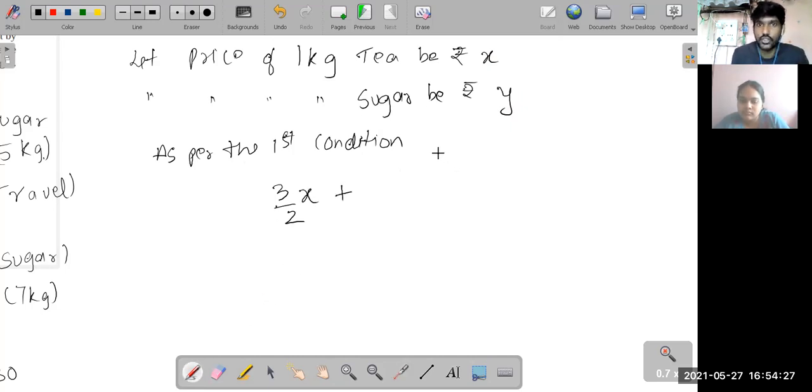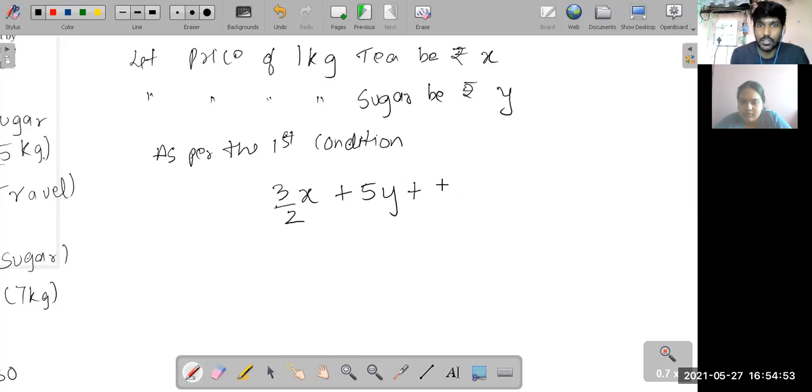Then plus, now the second thing, sugar. She purchased 5 kg of sugar, and 1 kg of sugar is Y, so 5y. Now, there is one more thing given: equal to the travel plus the total.